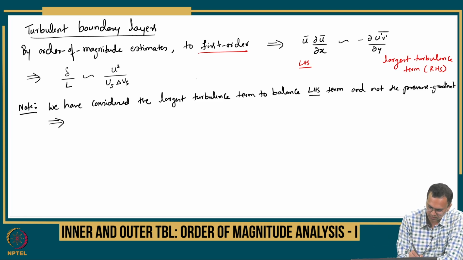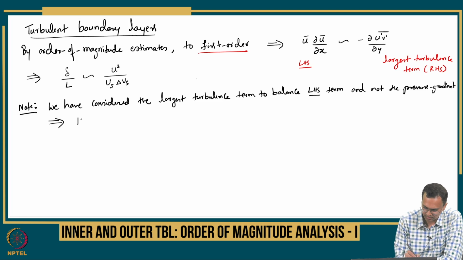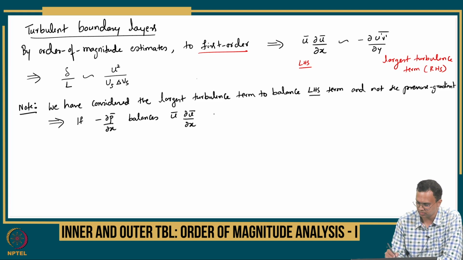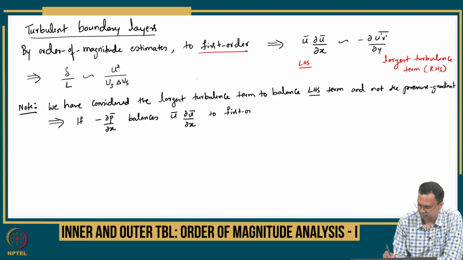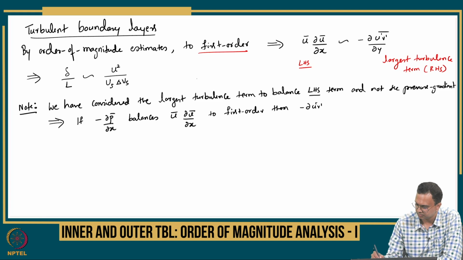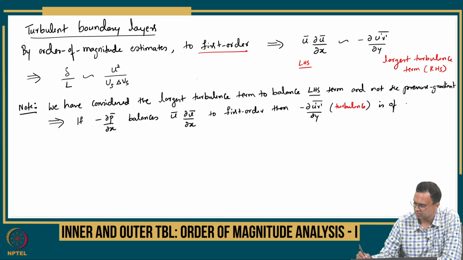That's because if the pressure gradient balances this to first order, then the turbulence term is of second order importance.